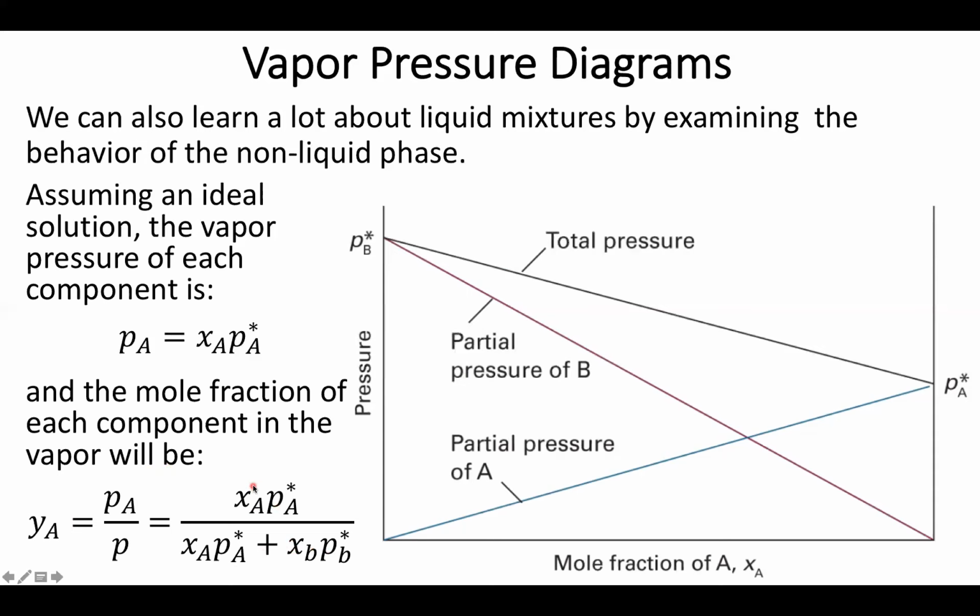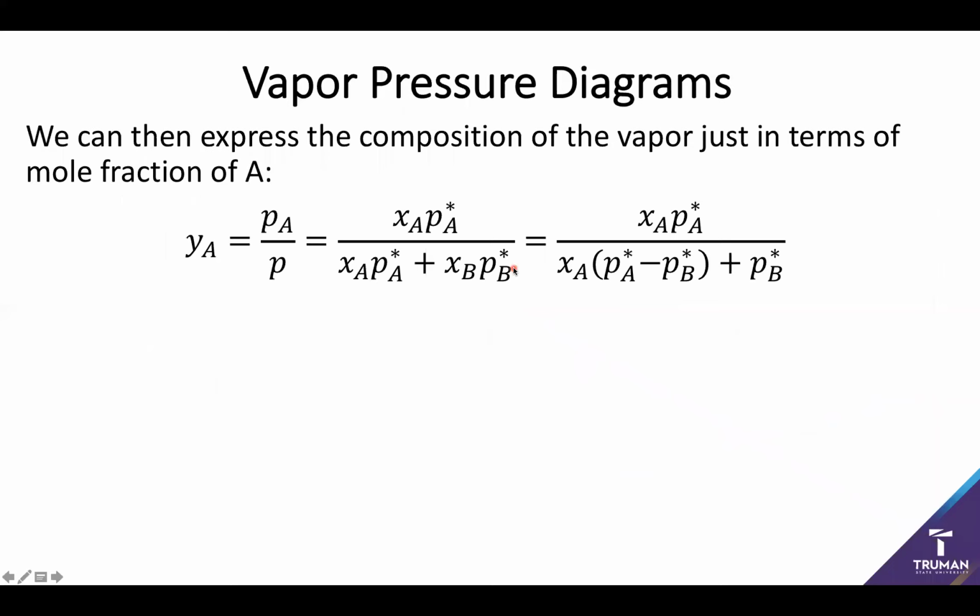This is actually a very powerful expression. But again, we can do this more explicitly by substituting in 1 minus XA for the mole fraction of B. And again, this lets us combine the elements in the denominator.